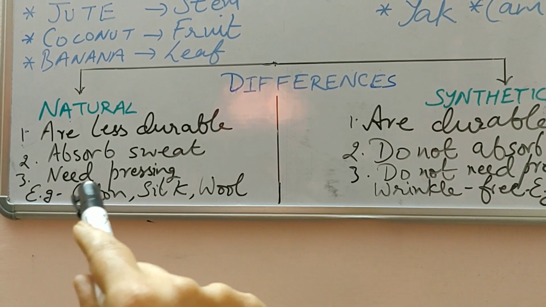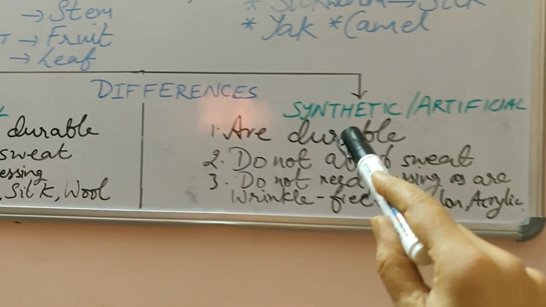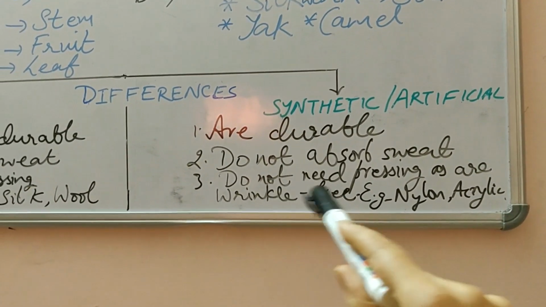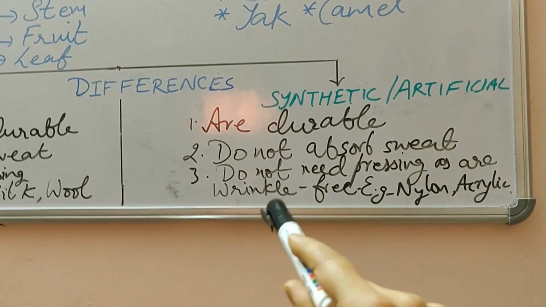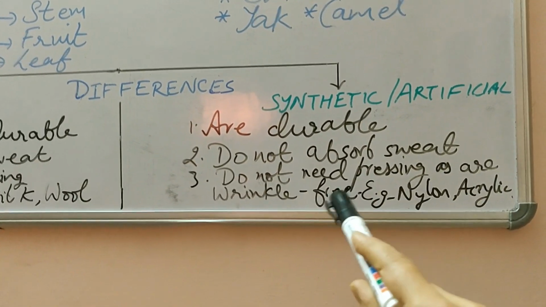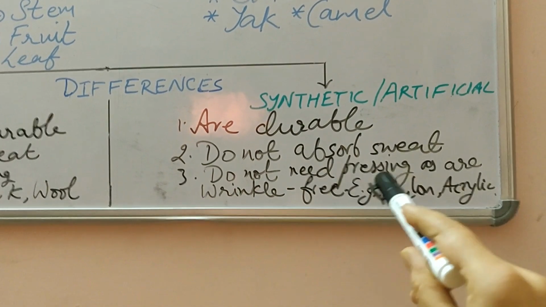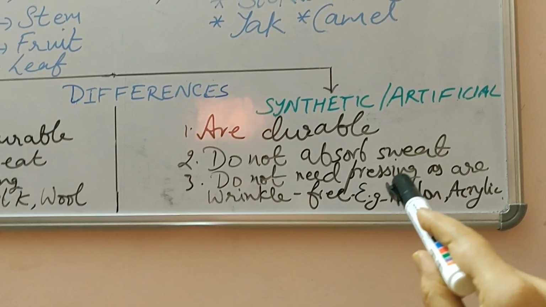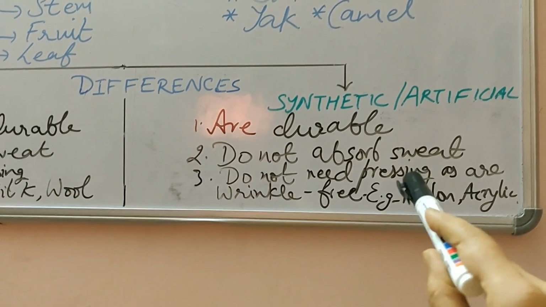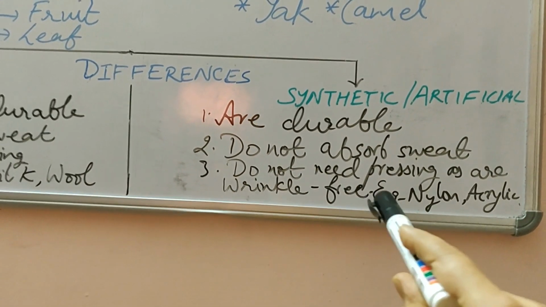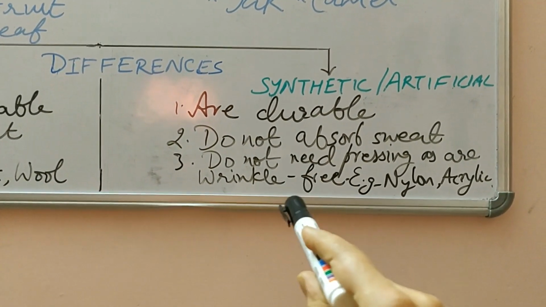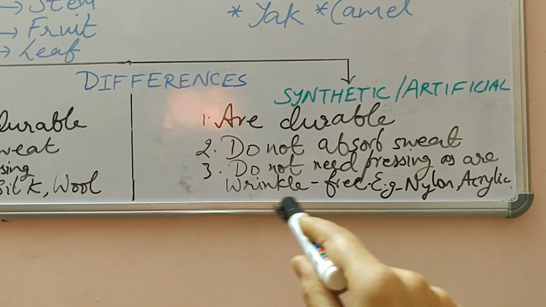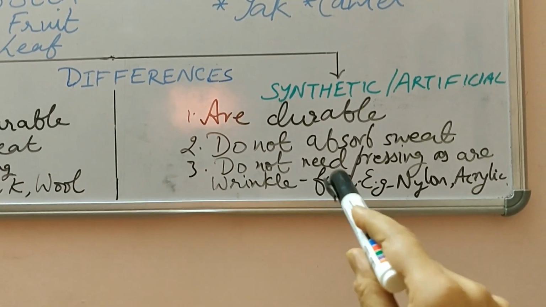Natural fibers need pressing, while synthetic or artificial fibers do not need pressing, as they are wrinkle free. Wrinkles are some lines formed in the fiber when the fiber is kept or washed. After that it is having wrinkles in it, so it has to be pressed. But synthetic fibers do not need any pressing because they are wrinkle free.